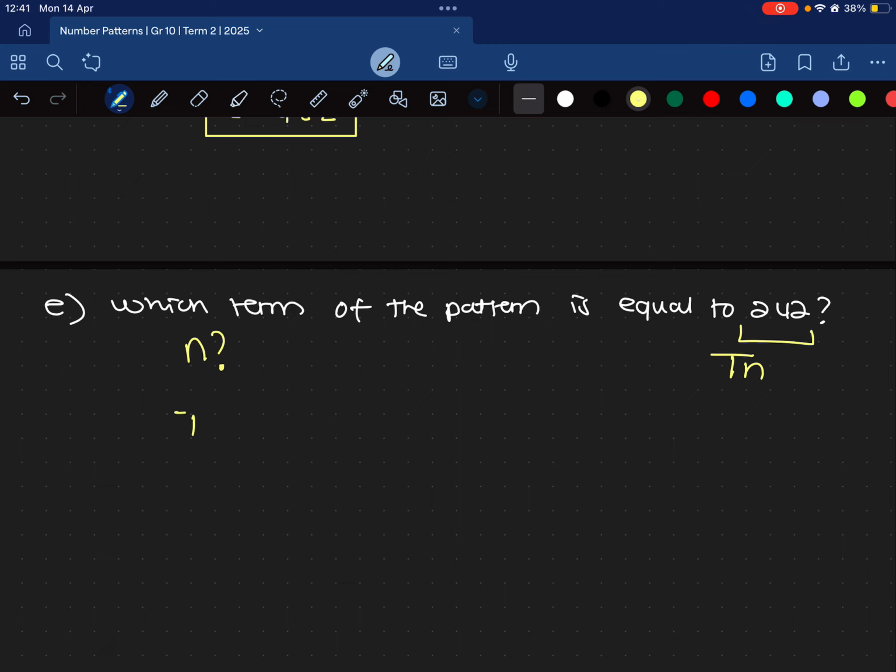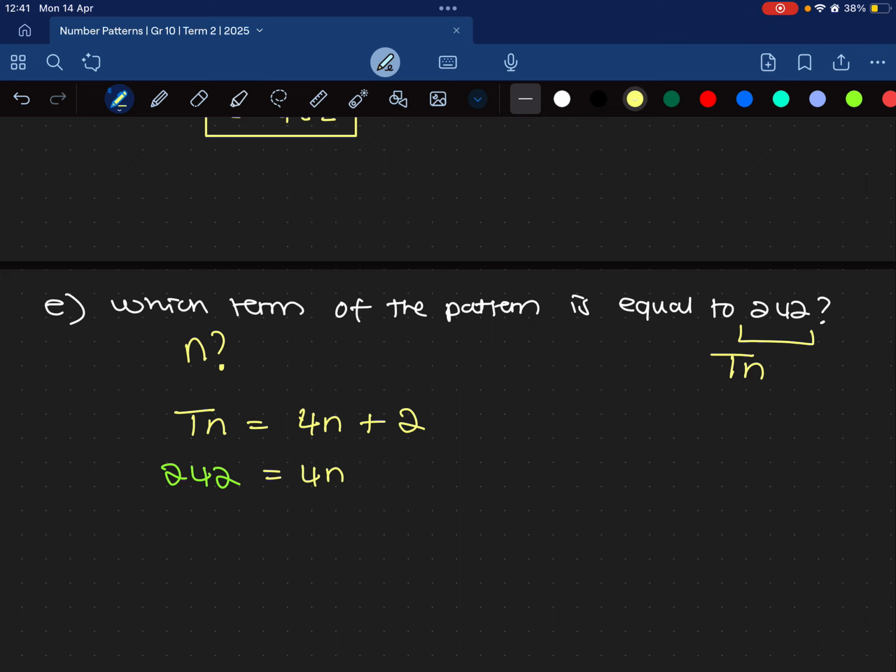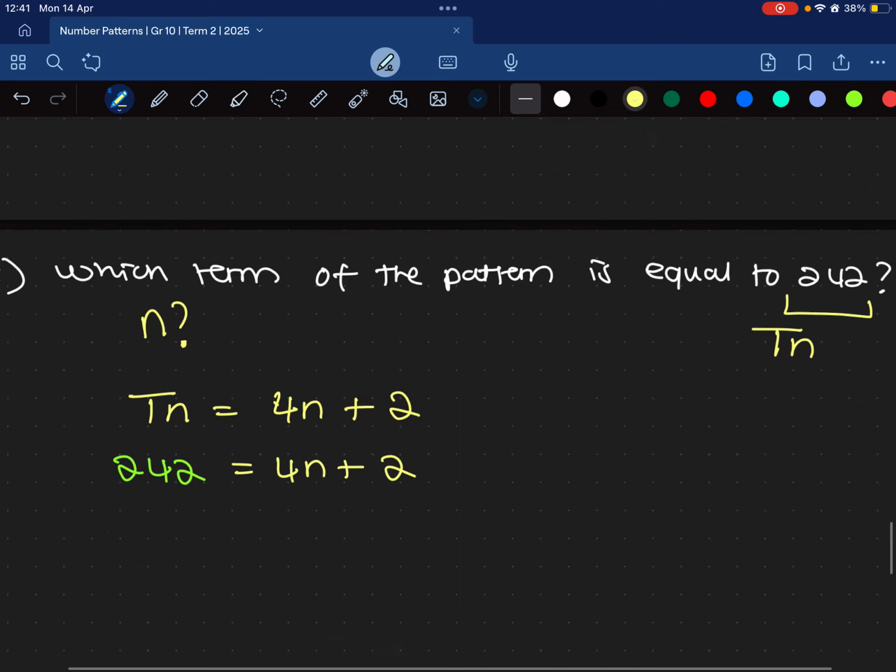So I'm going to say, well, Tn is equal to 4n plus 2. But now they told me that 242 is Tn. So 242 is equal to 4n plus 2.